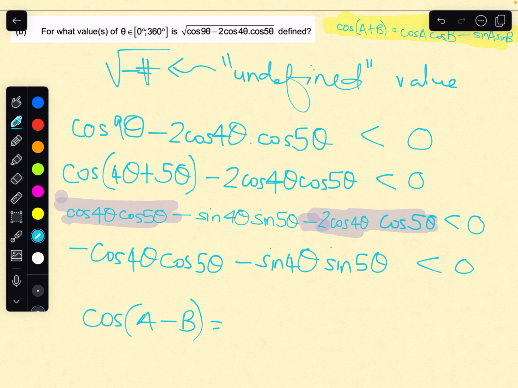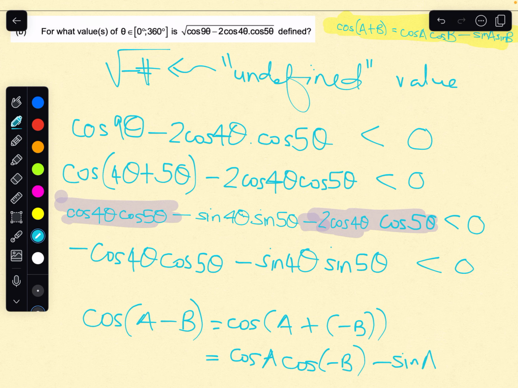Cos of A minus B, I don't actually remember what that identity says, so I'm just gonna quickly work it out because I also don't have my formula sheet nearby. So that will be cos A and cos minus B, and then minus sine A and sine of minus B.